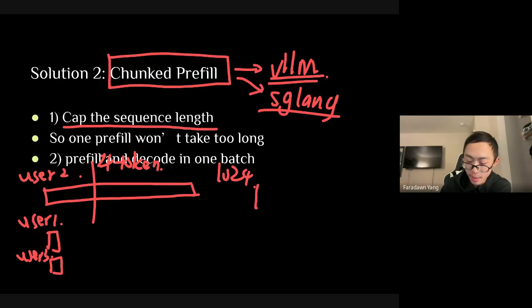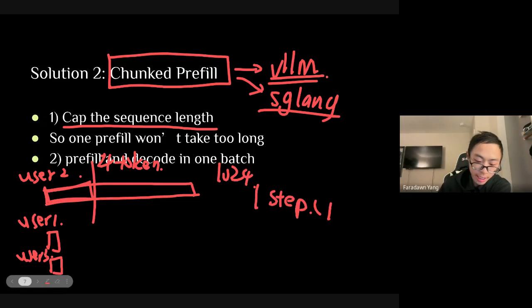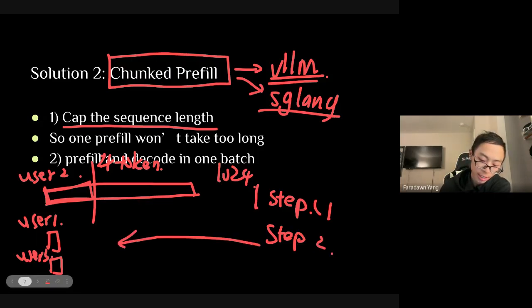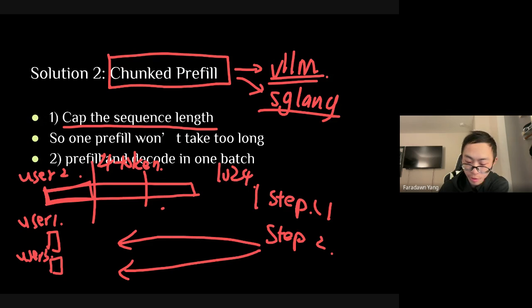Then in one step, we just process 4 tokens at a time. And then in the second step, the scheduler can choose another user to do their decode. And then the scheduler will return to user 2's long prefill. This way, chunked prefill will avoid user 1 and user 3 waiting for too long.